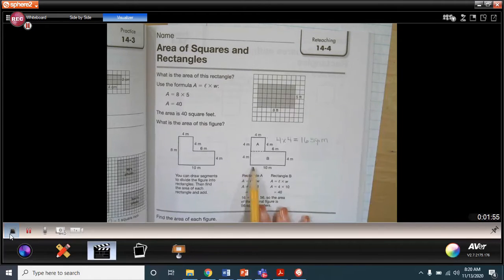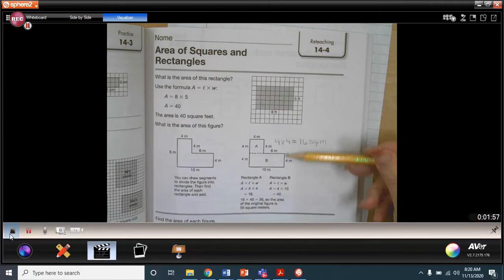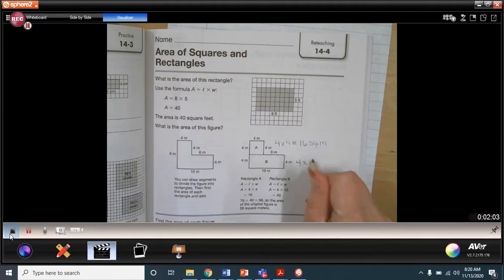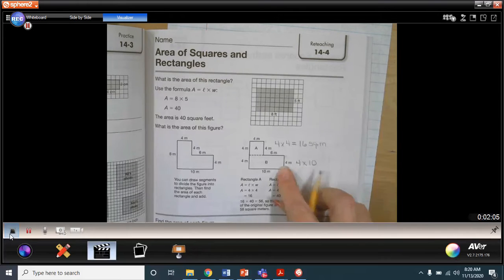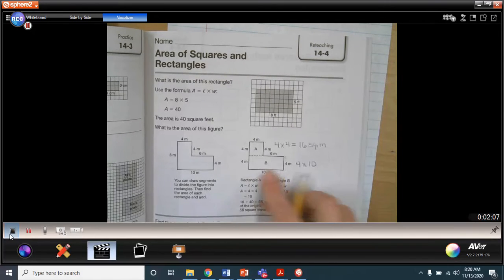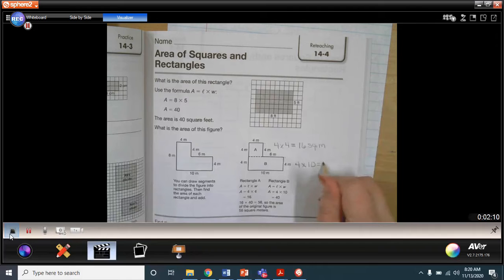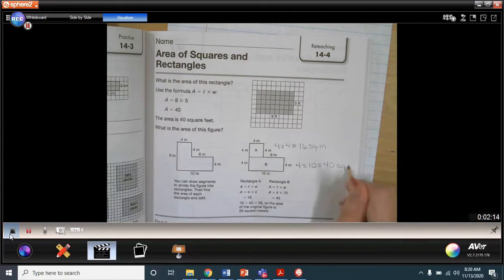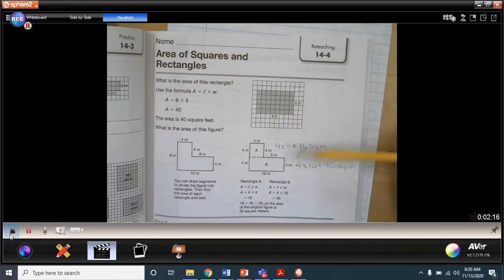Now, I also know the length and the width for that rectangular part of my figure. And so I can take 4 rows with 10 squares in each row, and this is going to give me 40 square meters. Now, if you noticed, it asked for the entire figure.